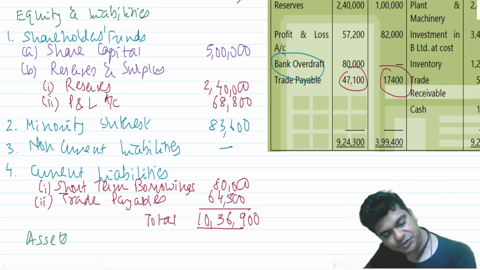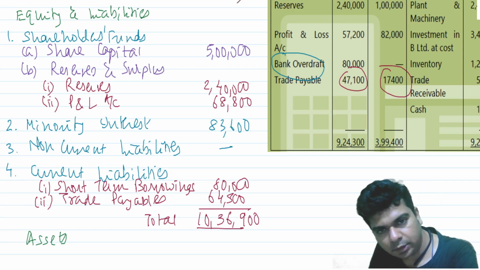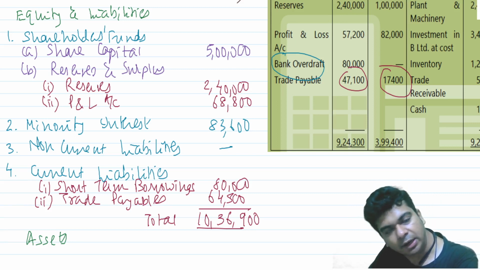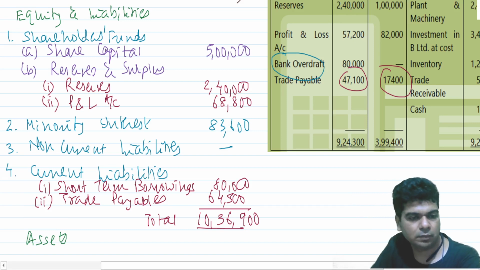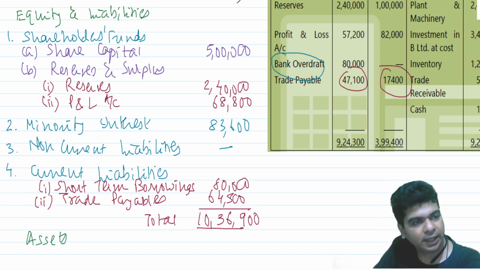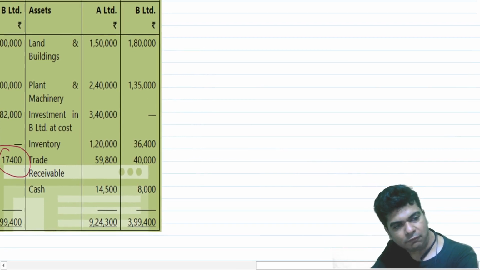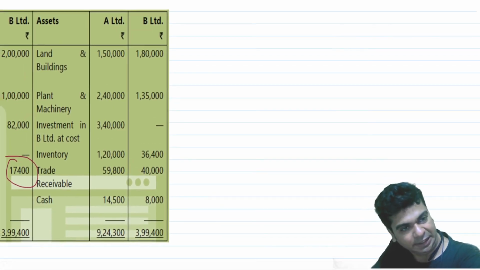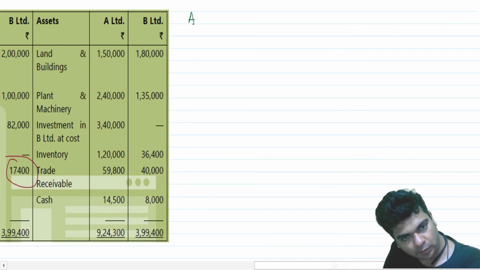Below that, assets. If you are still writing the liability side, you can just pause the video and complete it. Time for the assets, right below this only, but for simplicity, I'm putting it over here so that I can study the asset side and guide you accordingly.